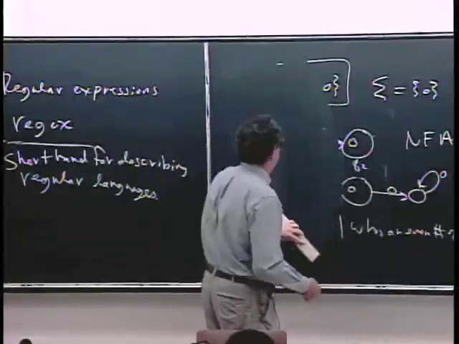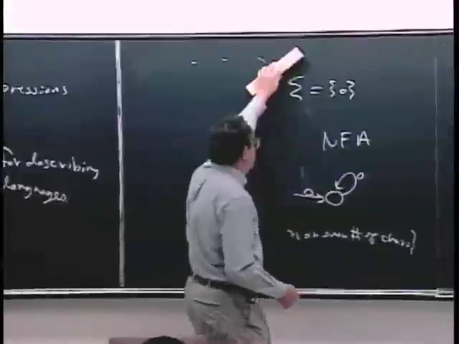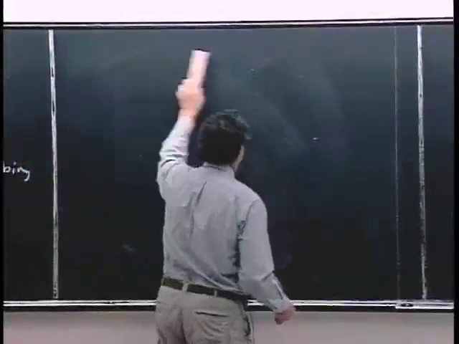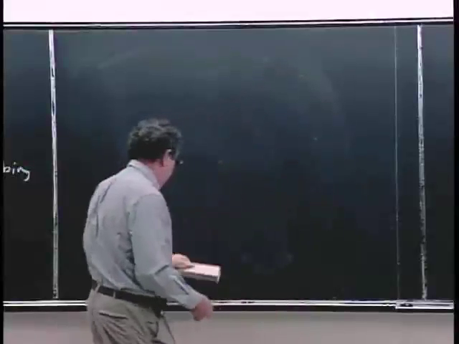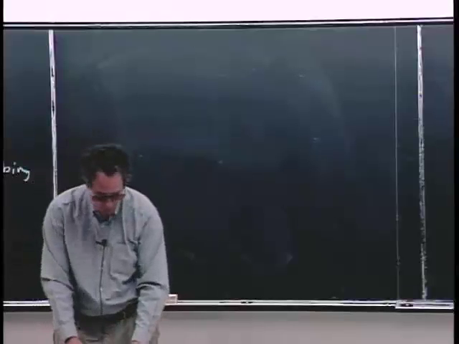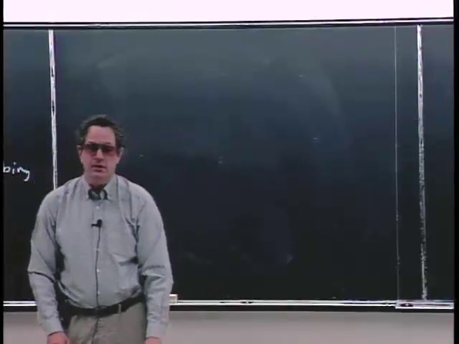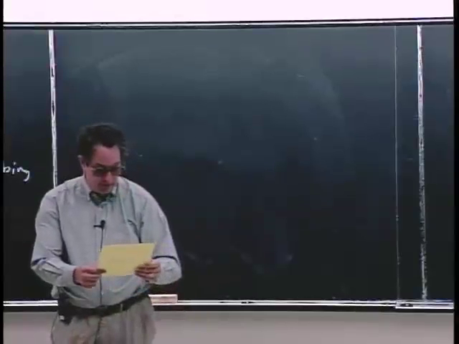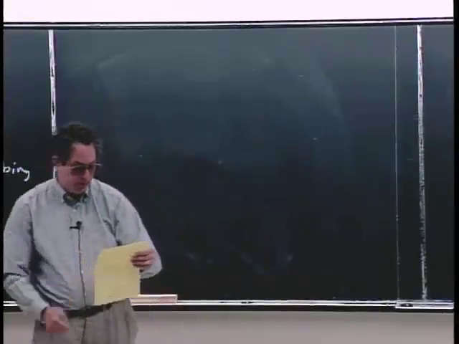So I want to describe what a regular expression is and then give the proof that the class of languages described by regular expressions is exactly the regular languages. A class is singular. Anyway, the grammar of what I just said was all messed up, but I think you understood it.